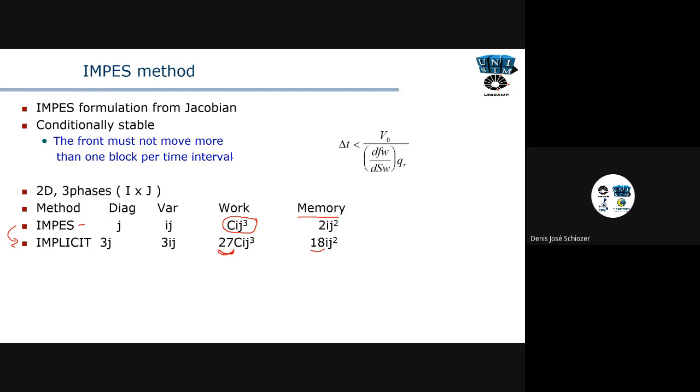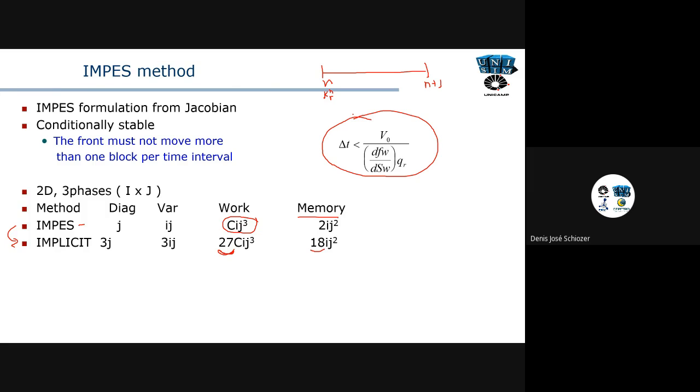However, there is a major problem with the implicit method: the time steps, because we are going from the beginning to the end of the time step. Remember that we are treating all the functions of saturation explicitly. So the relative permeability, for example, is treated explicitly.